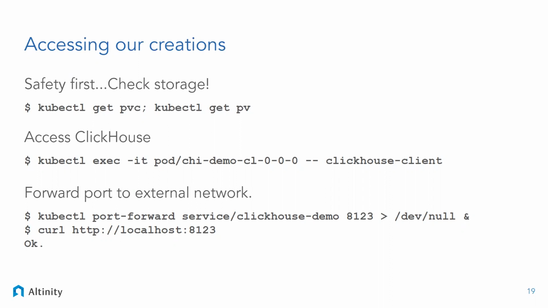This is just basic sanity checking. If you want to get to one of these to see what it's doing and poke around, you can use the kubectl exec command. That allows you to go straight into the running container. And in this case, we're going to jump right in and run a ClickHouse client.